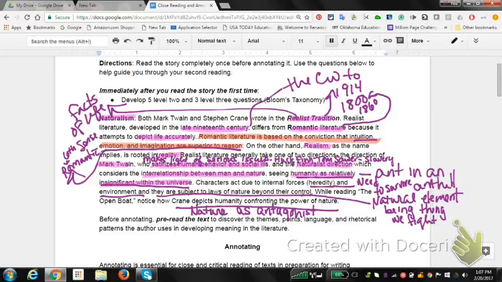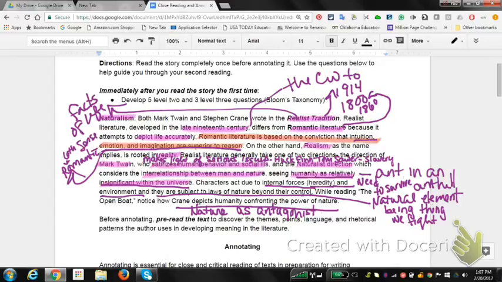The hereditary are internal forces, the need to survive, and the environment, okay? Subject to laws of nature beyond their control. We are definitely subject to laws of nature beyond our control. Think of tornadoes, think of fires, think of mudslides, those kinds of things. We can't control that. How do we respond to them?